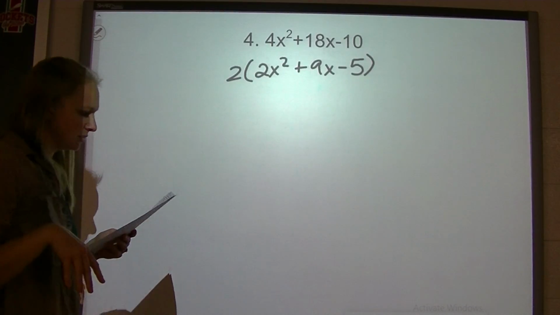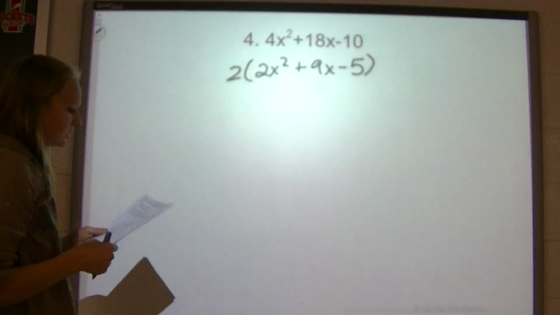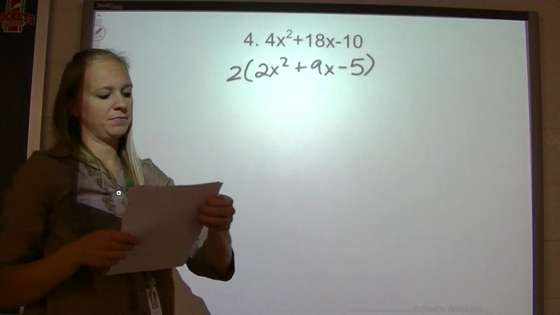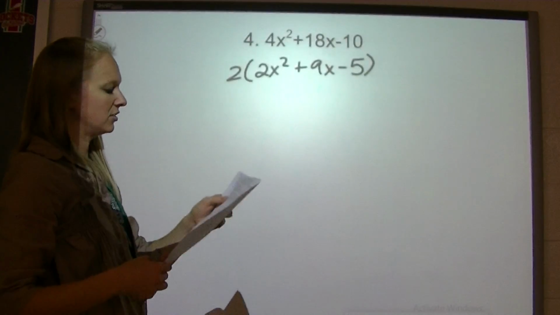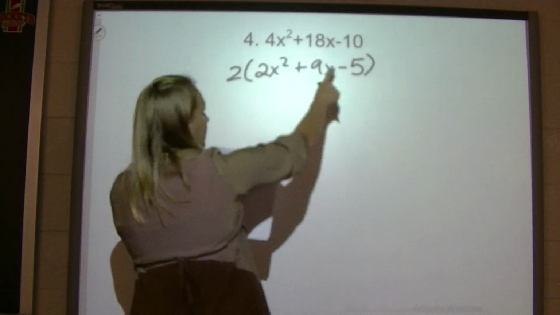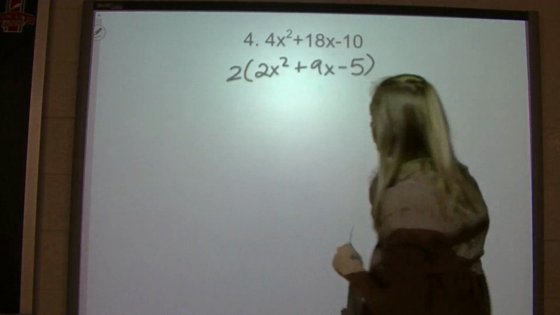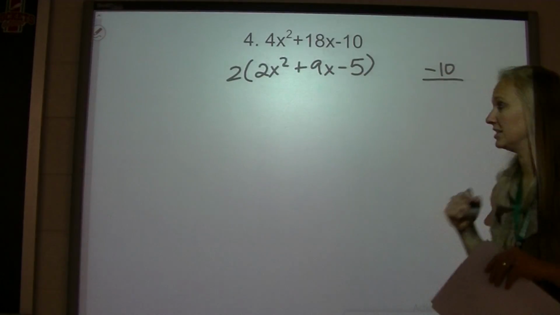So we move on to question 4. Is there an expression in the form of x squared plus bx plus c? No, there is not. So we move on to question 5. Are there factors of a and c that add up to b? So are there factors of 2 times negative 5, which is negative 10, that would add up to positive 9?